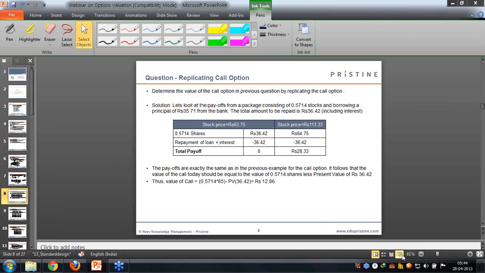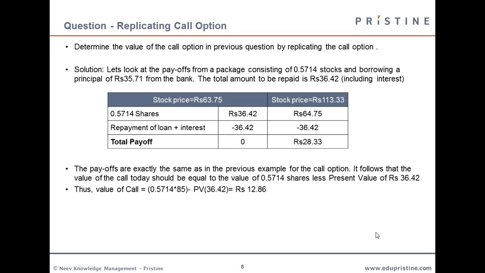So this is the first method that I was discussing. In case of replicating portfolio method, first we'll look at the call option and then we'll look at the put option. In the replicating portfolio method, what we try to do is take a portfolio which will give exactly the same payoffs as the call option itself.